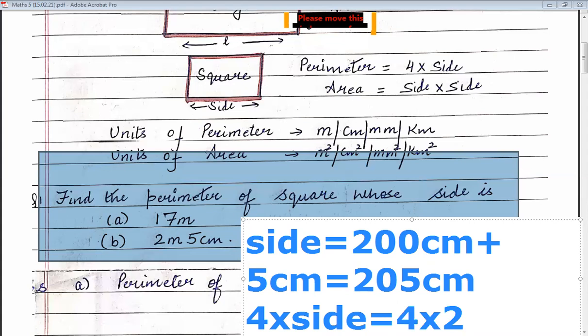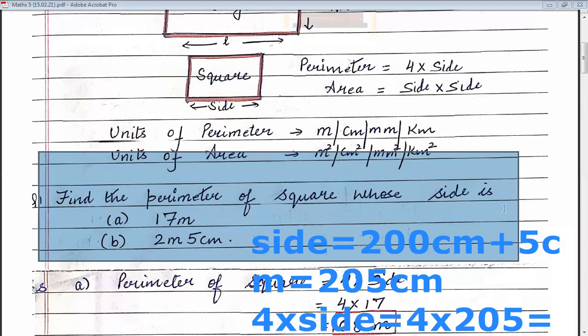So it is 4 multiplied by 205. Now multiply it. You will get 820. And what will be the unit? Centimeter. Okay, children, are you clear with this? How to find the perimeter of a square? The formula is 4 multiplied by side.